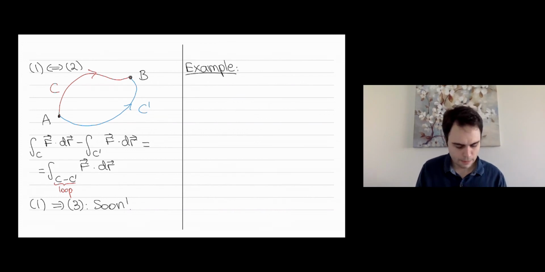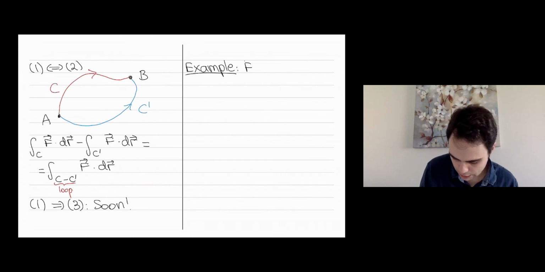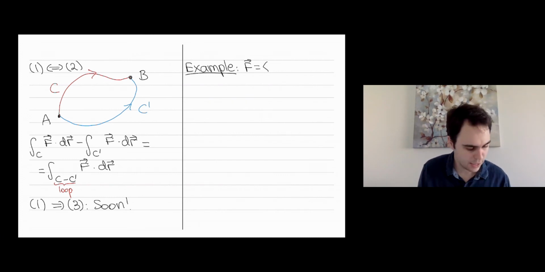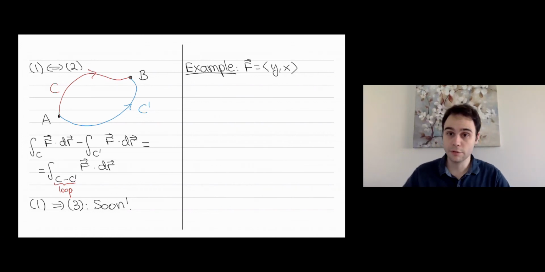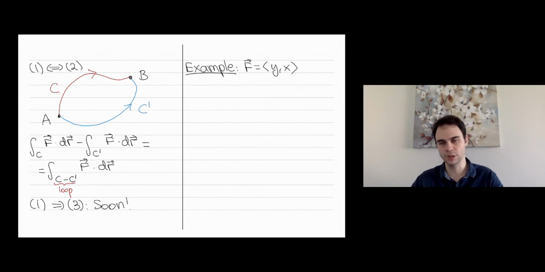So for example, how about this one? Let's say f is the vector field y comma x. Is this the gradient of a function? Can you think of a function whose gradient is y comma x, whose x partial is y and whose y partial is x?